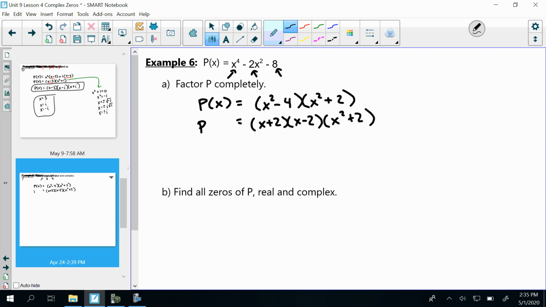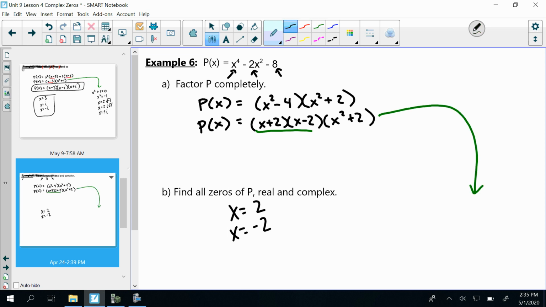So now our last thing is we know the zeros that come from these first two. They would be x equals 2 and x equals negative 2 if we put them equal to 0 and solve. What are the zeros that come from the second one? So put it equal to 0 and solve.